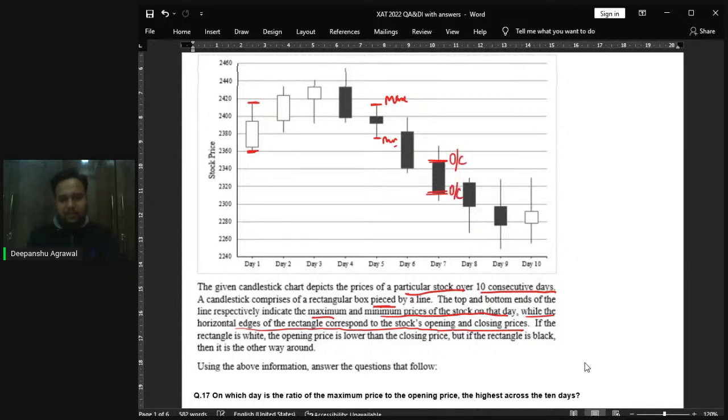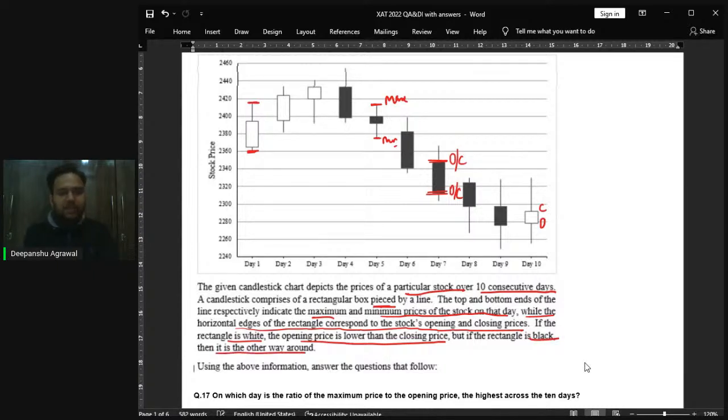Now it is also given that if the rectangle is white, then the opening price is lower than the closing price. So if I talk about this rectangle, the lower quantity is the opening price and the bigger quantity is the closing price. In case of the black rectangle, it is the other way around.